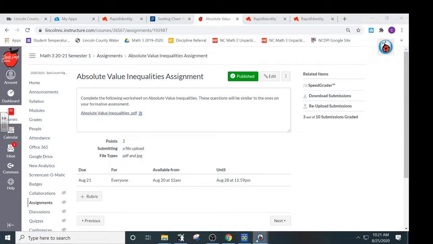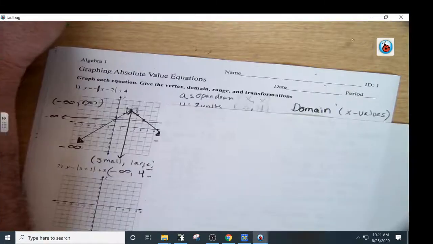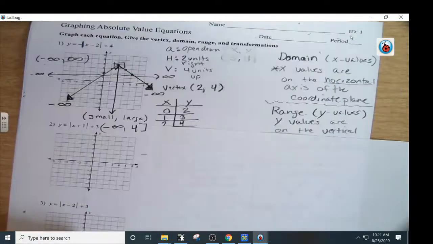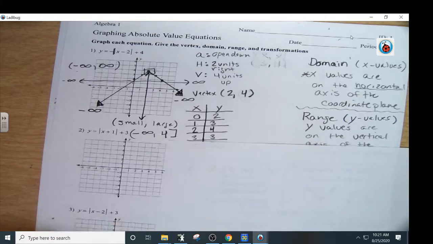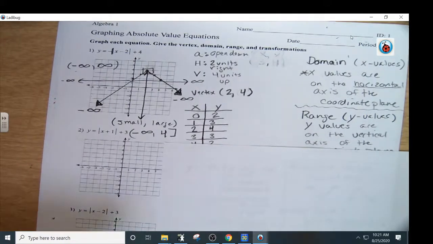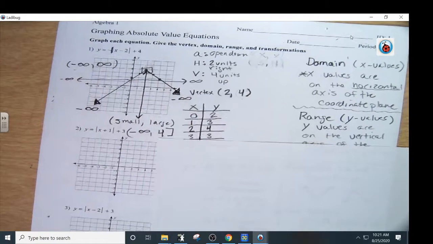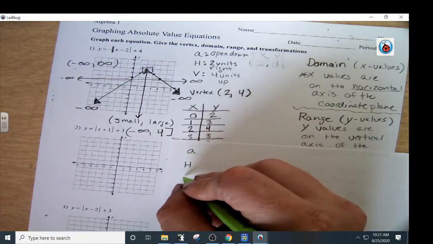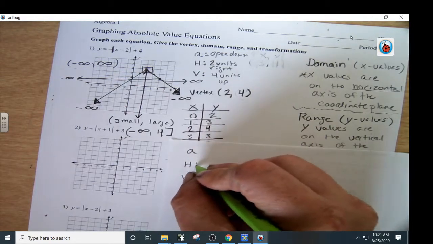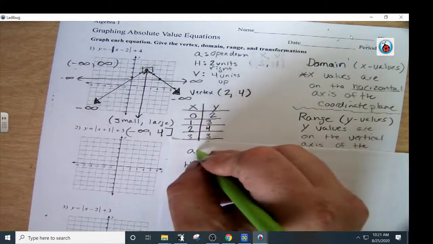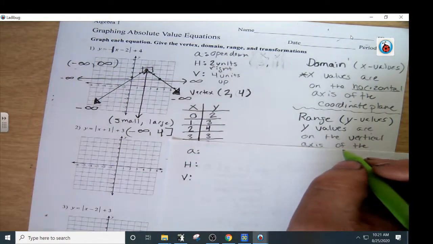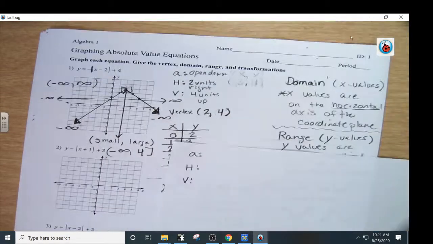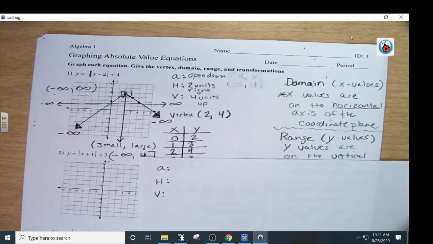All right, so now guys, I'm not going to go step by step because we already went over everything. So my transformations, my A, my horizontal, and vertical. Well, guys, notice that A is a positive number.